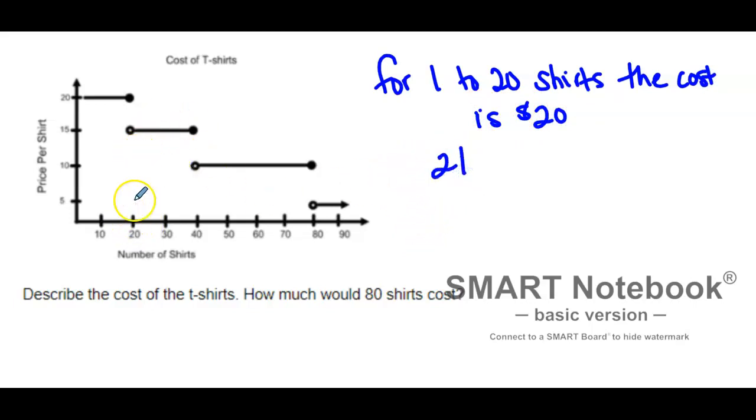For the next one, we're not including 20, so it goes from 21 to 40 shirts. The cost is $15 per shirt, and that's per shirt.